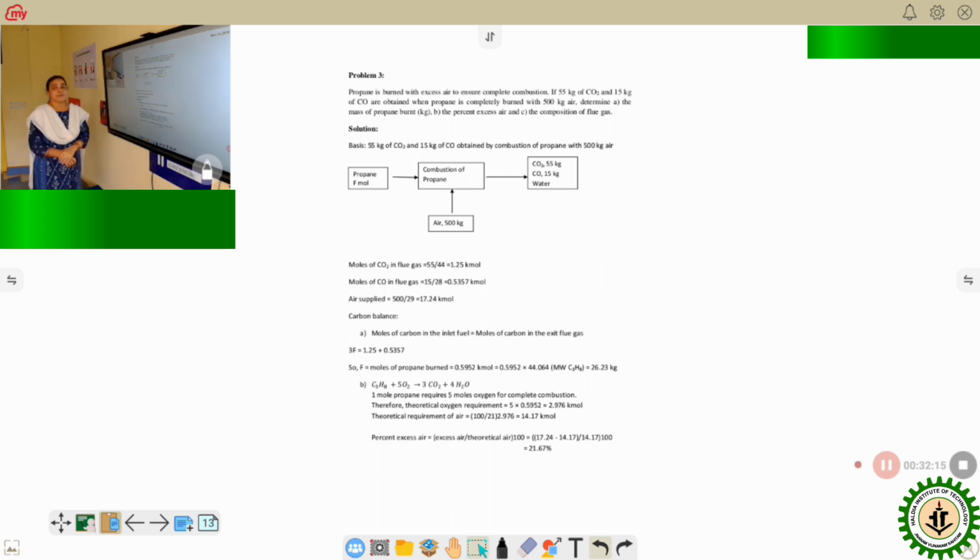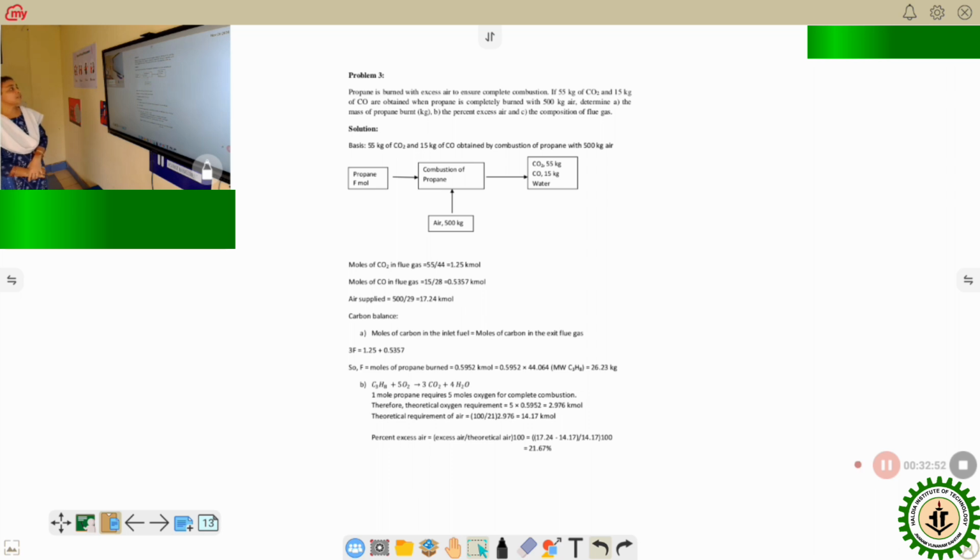So 3 F will be equal to 1.25 plus 0.5357. From here F, the moles of propane burned, can be calculated, and the mass of propane is the moles of propane times the molecular weight of propane. It comes to 26.23 kg. So question number 1 is solved.